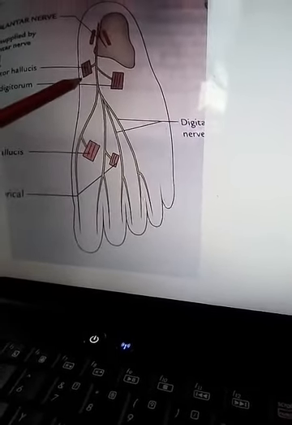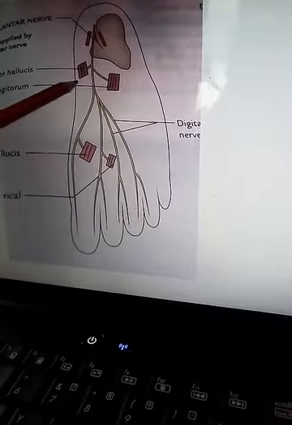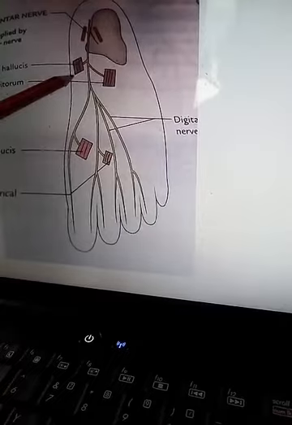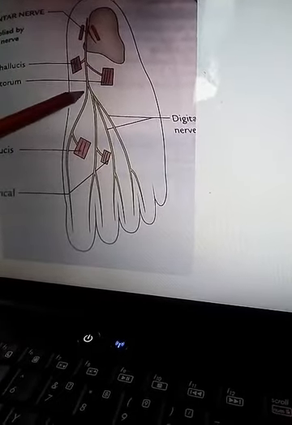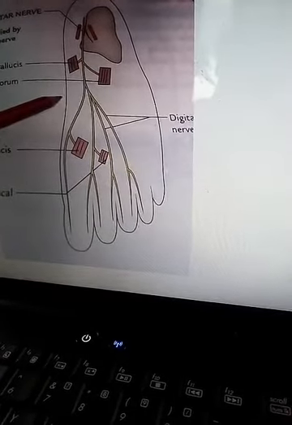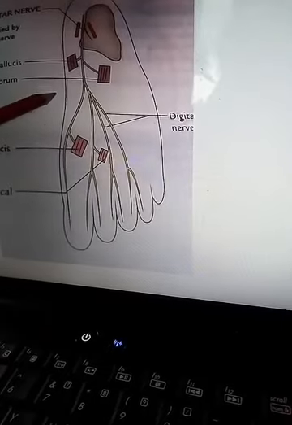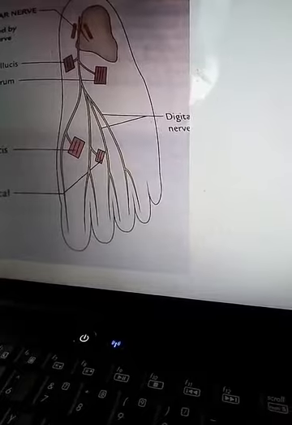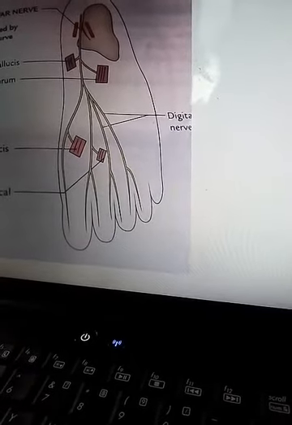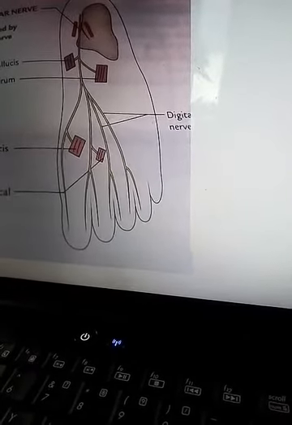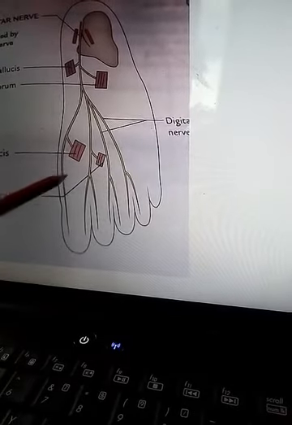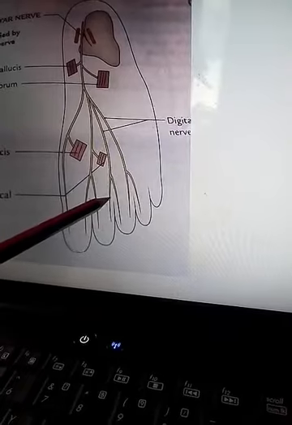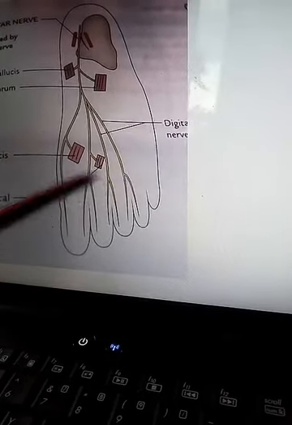It gives muscular branches to four muscles: abductor hallucis, flexor digitorum brevis, flexor hallucis brevis, and first lumbrical by the second digital nerve. Now cutaneous branches from the medial plantar nerve are four digital nerves which supply the skin of the medial 3.5 toes and larger medial part of the sole.